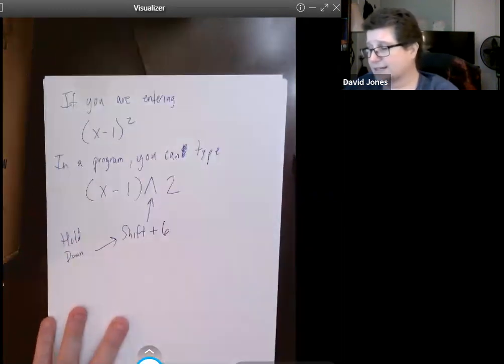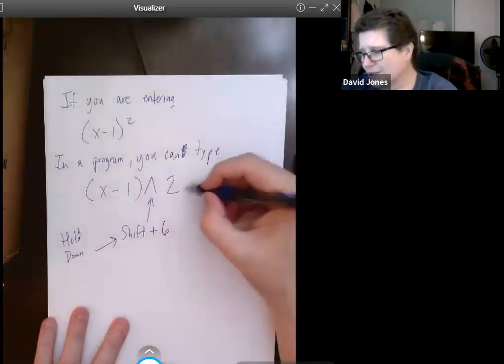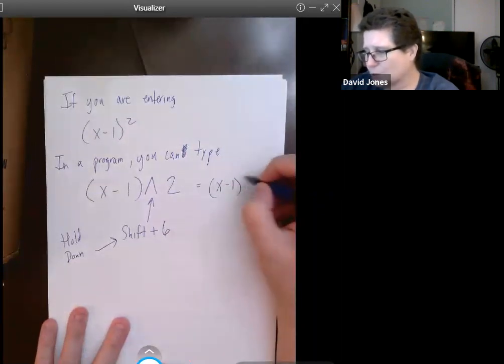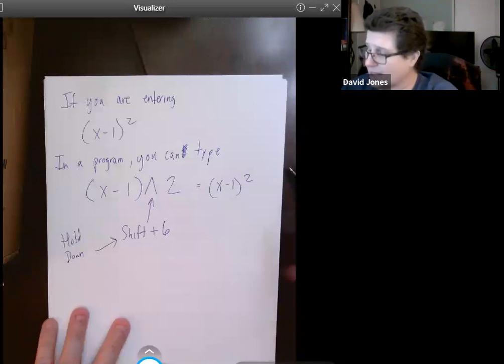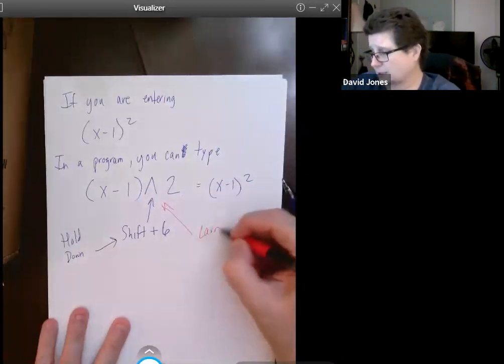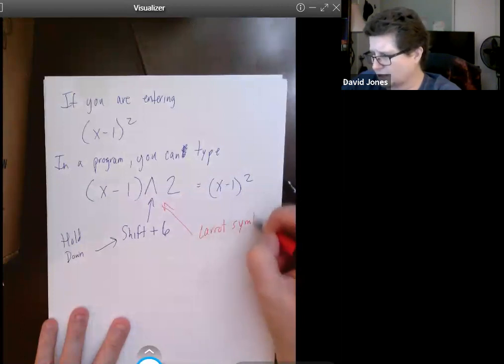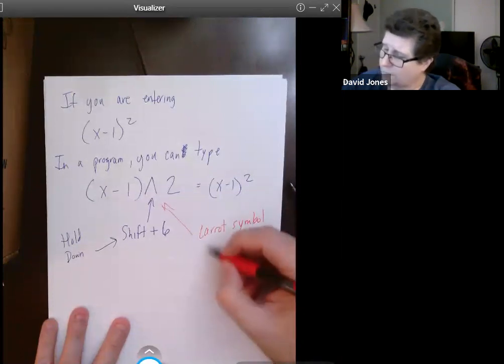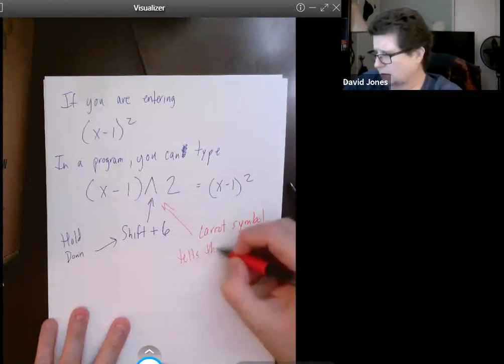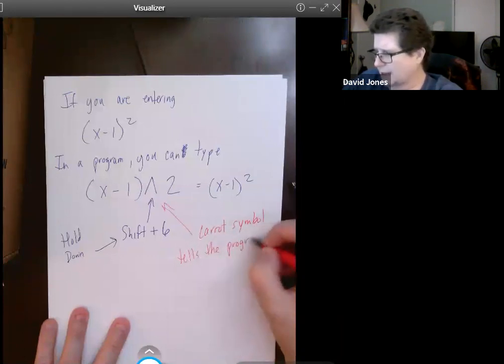When you do this, it is going to convert it to (x minus 1) squared. The caret symbol tells the program that what follows is an exponent.